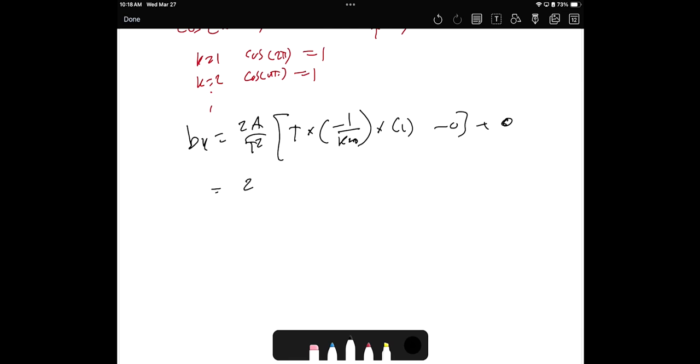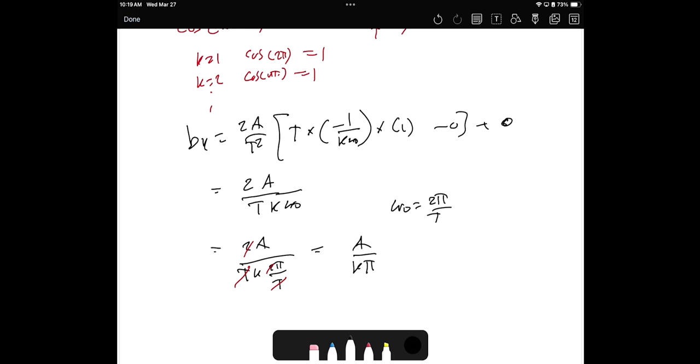It will be 2a, and T with T squared, so it will be T here, times k omega naught. Okay? We will not stop here because we know omega naught equals 2 pi over T. So it will be 2a over 2k times 2 pi over T. So T and T cancel each other, 2 and 2 cancel each other. This yields a over k pi.